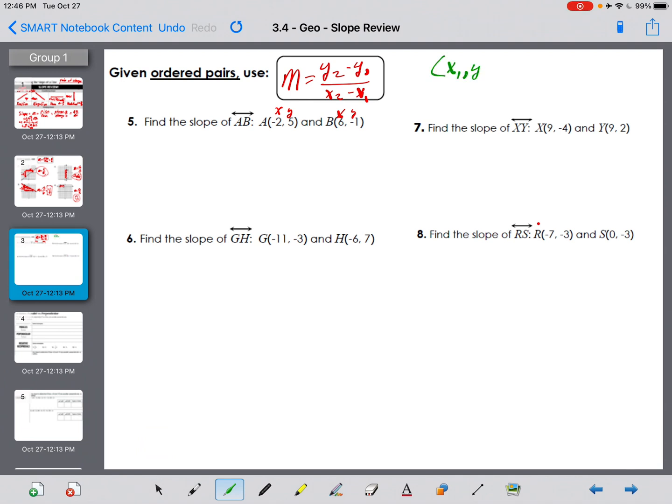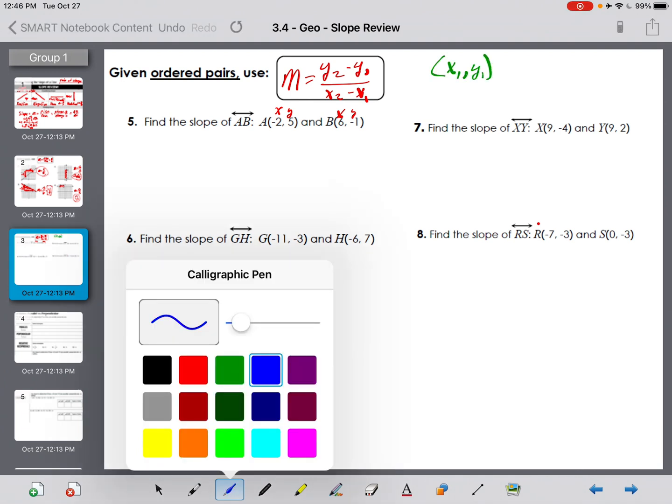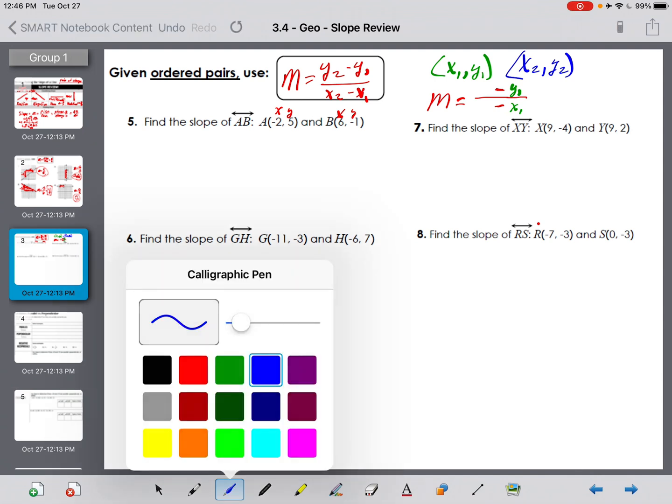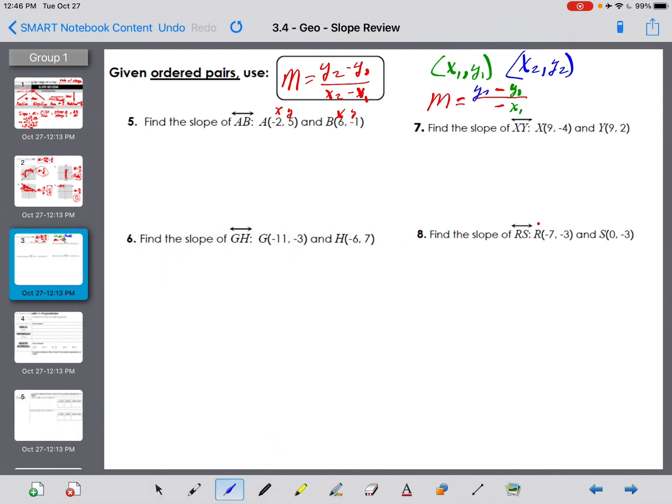Okay, so if this is x1 comma y1, and this is x2 comma y2, then in our slope, y1 and x1 go back here, and y2 and x2 go right there. Now, it doesn't actually matter which one goes where.